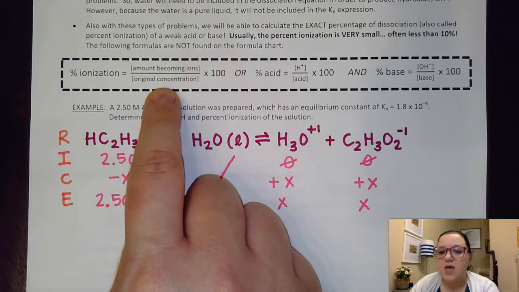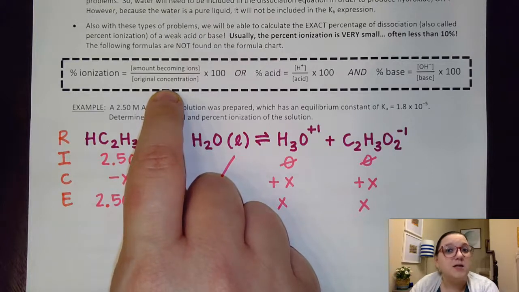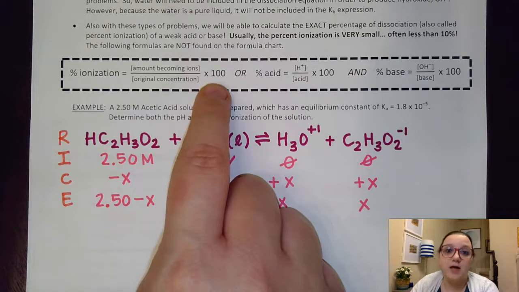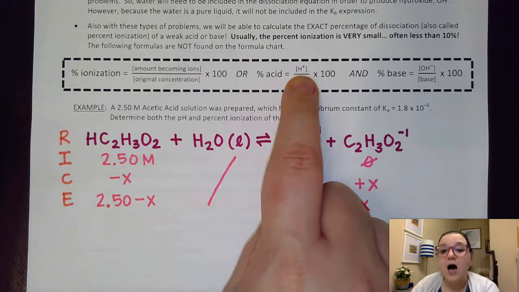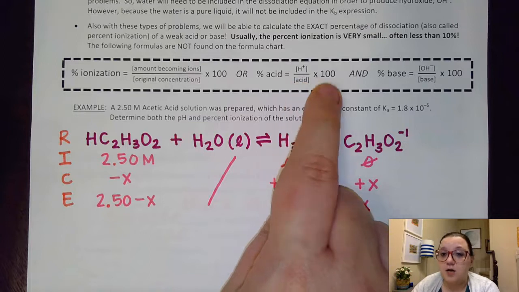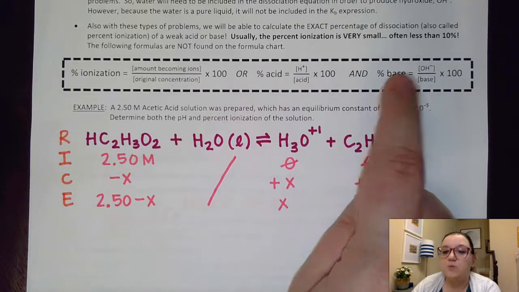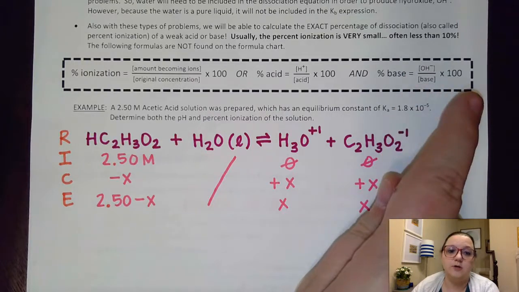So it's a part over whole scenario, just like any other percentage, and to get that fraction into a percent we multiply by 100. For an acid, we use the hydrogen ion concentration, or hydronium, which are interchangeable, over the original acid concentration times 100. If we have a base, we use the hydroxide over the original concentration of the base times 100.